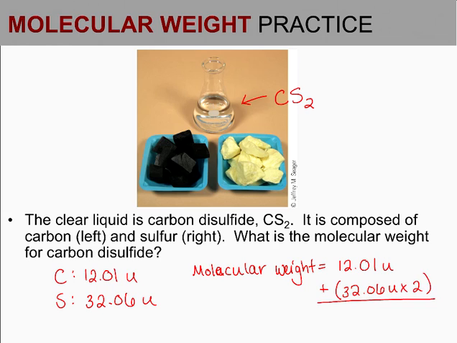And that should give us 76.13 atomic mass units. So that is the molecular weight for carbon disulfide, or CS2.